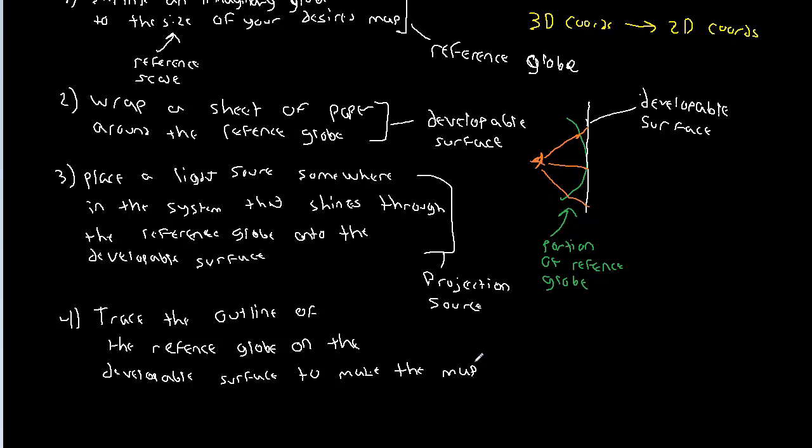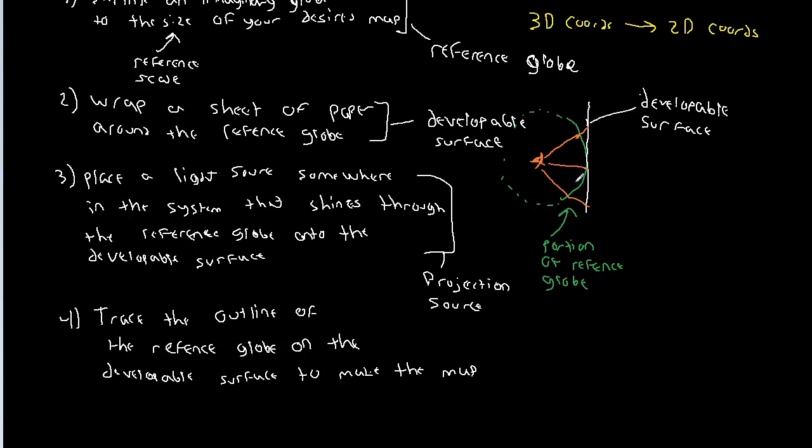What we think of conceptually is that we have a globe that we've shrunk down to meet the size that we want the map to be. We take a piece of paper called a developable surface and wrap it around the globe in some way. We'll talk about how we can wrap it in the next section.